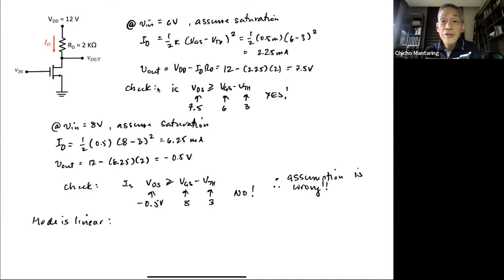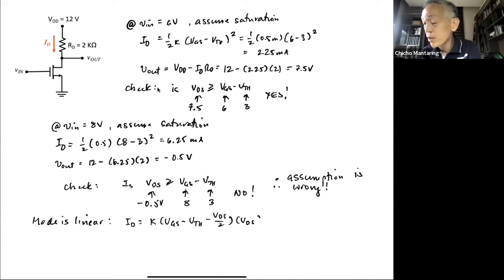So what is the value now of ID? The equation we need to use now is ID equal to K (VGS minus VTH minus VDS over 2) multiplied by VDS.